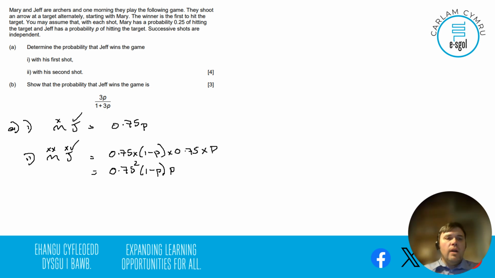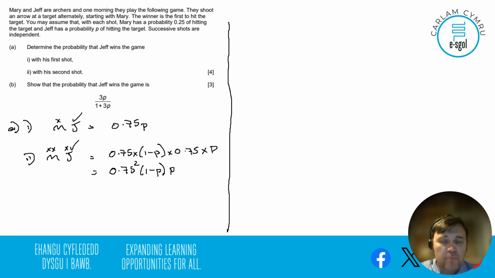Now, what I'm hoping you would see with this type of question is it is just a geometric series, okay? And because the probability is between 0 and 1, you're going to use the sum to infinity of a geometric series. So if we think of the first term as 0.75p, that's him winning on his first.